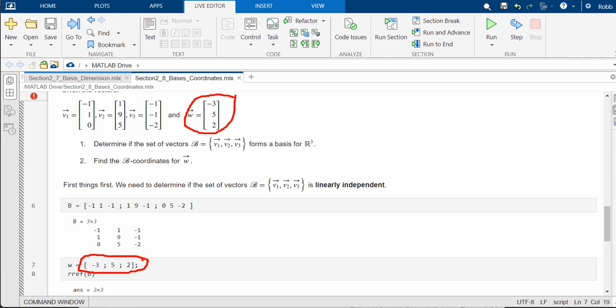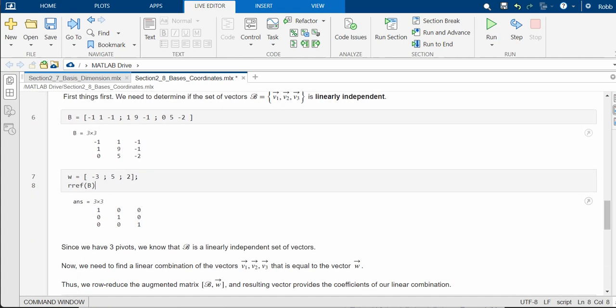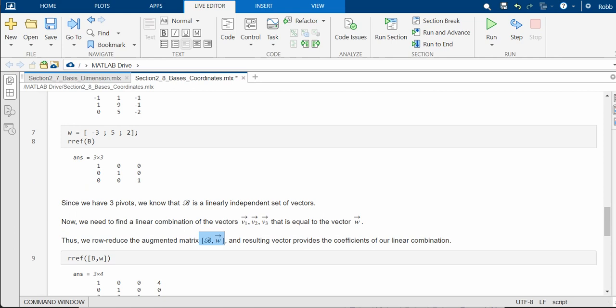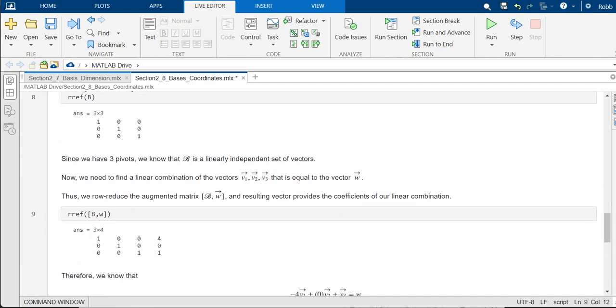And then we row reduce B. Let me get rid of the ink. Row reduce B. And we have our 3 pivots. Now we're trying to row reduce the augmented matrix of B comma W. Okay, and then this makes sense.